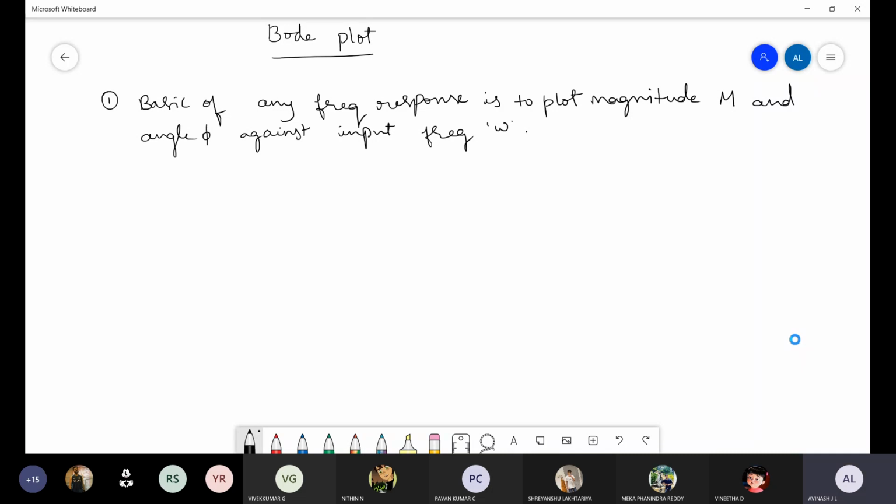With respect to omega, we need to change the values of omega. That means omega varies from 0 to infinity.